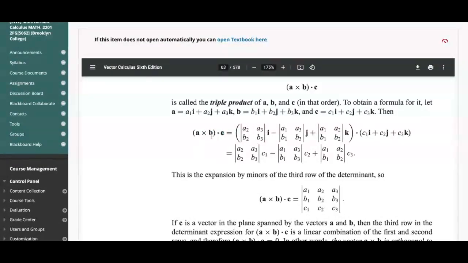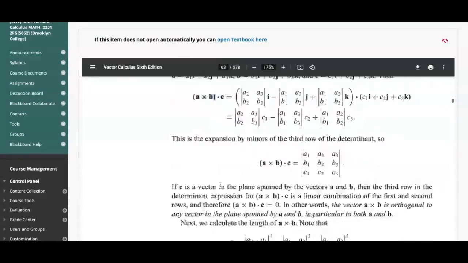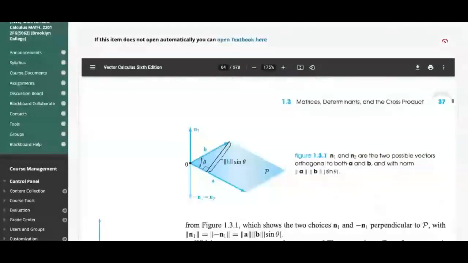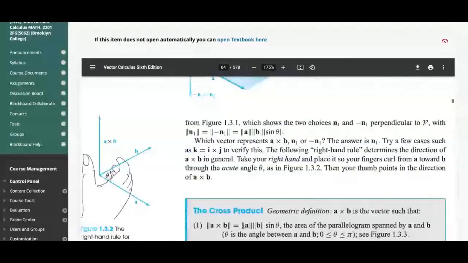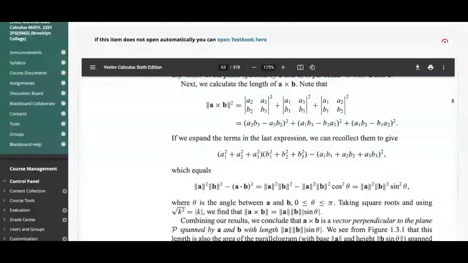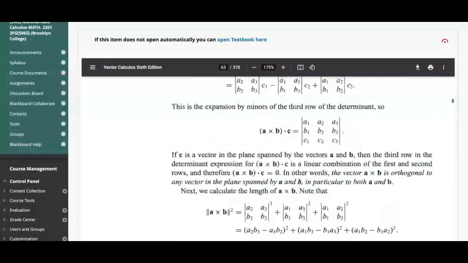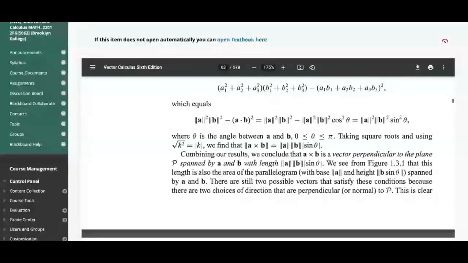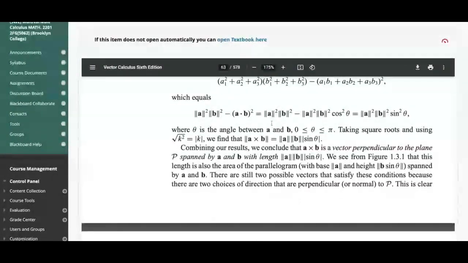That's another way of remembering the determinant of 3 vectors A, B, and C. Okay, we have another formula. This is to show, but sometimes this is useful too.